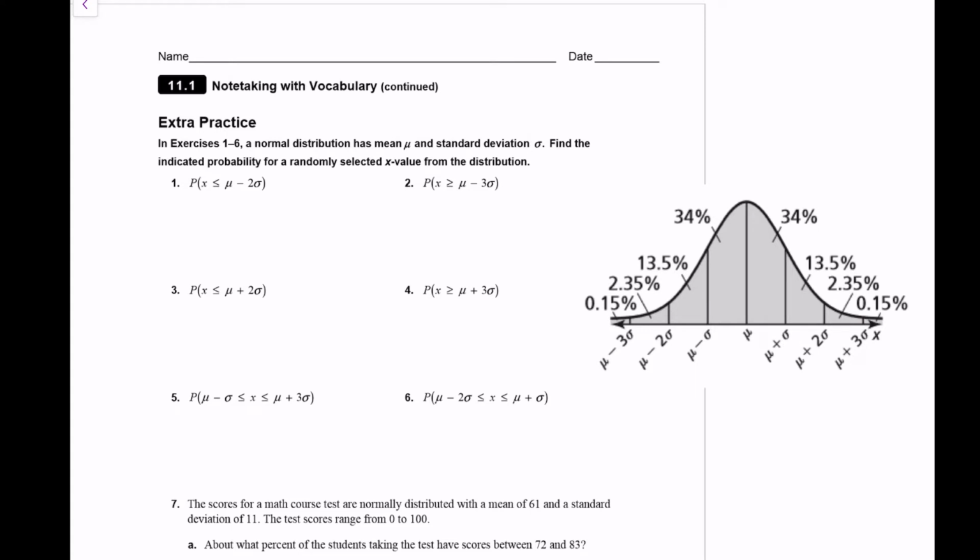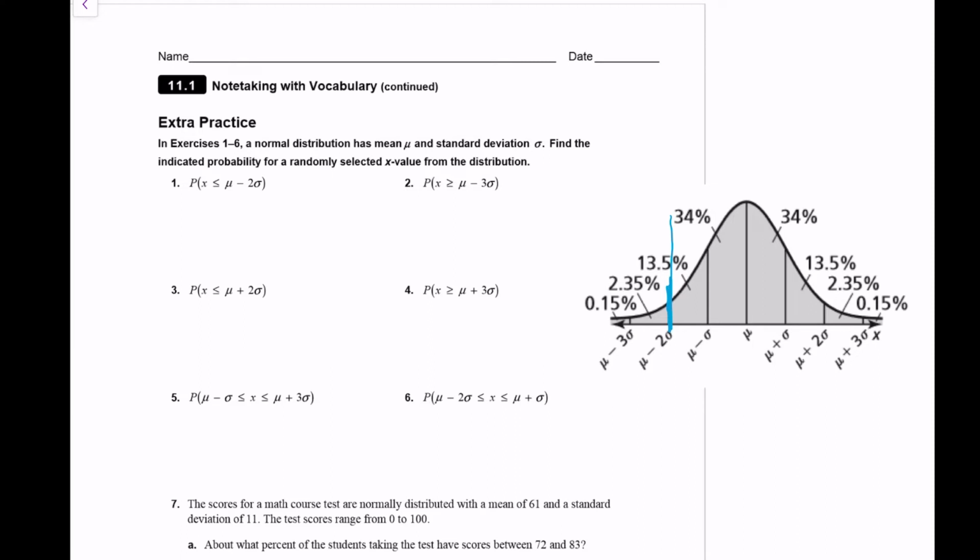So I have right here, conveniently, our normal curve, and I'm going to look for mean minus 2 standard deviations. You can see that I had drawn a line to the left, right there.